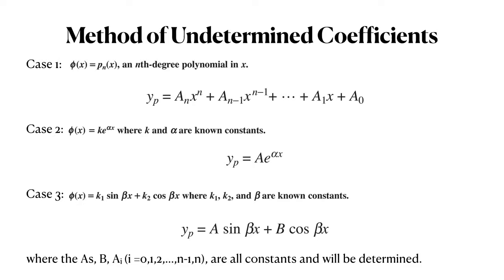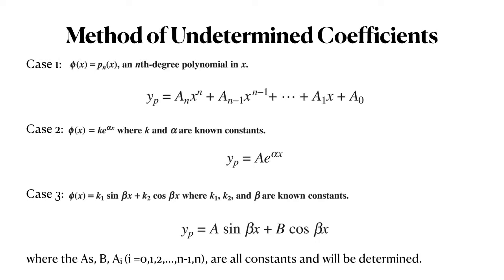Case 3 is if our phi of x is a sum of a sine and cosine function, where k1, k2, and beta are known constants. So, if ingana ang atong phi of x, or atong non-homogeneous equation would be equal to that, our particular solution would be of this form.